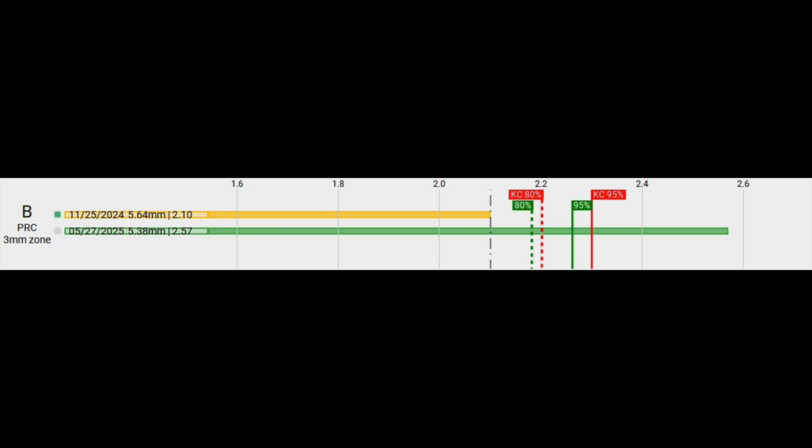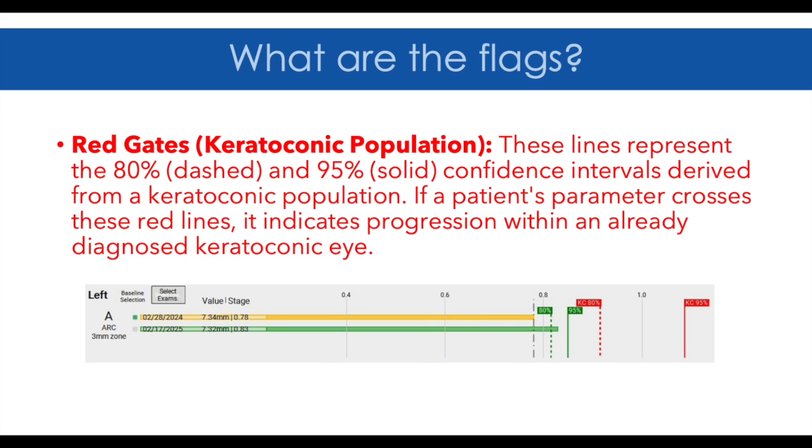This isn't confusing or alarming. It simply means that sometimes some parameters on a scan may be abnormal in one patient, but in the normal range for another patient. And obviously, that depends on another number of complex factors. So what do the red flags mean? They are, of course, the keratoconus population.